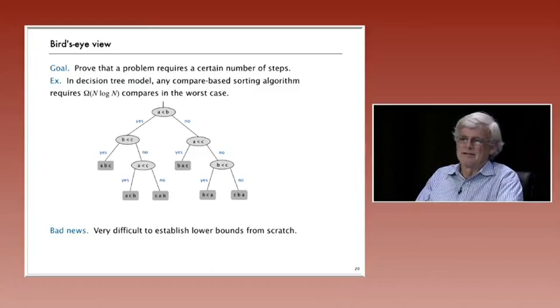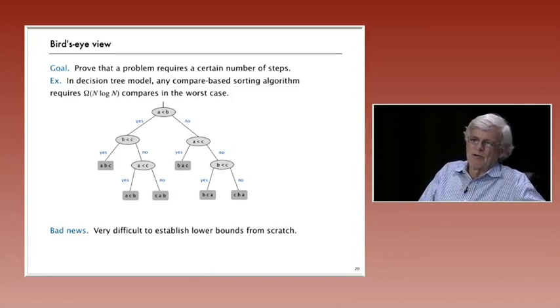Now, that's a complicated argument that certainly took you a little while to understand. And in general, it's extremely difficult to establish lower bounds because it generally requires a complicated argument like that. You have to be arguing about all possible algorithms, and that's very often tough to do.